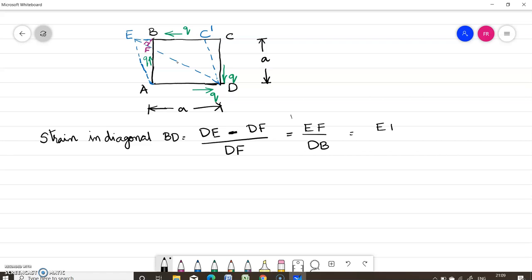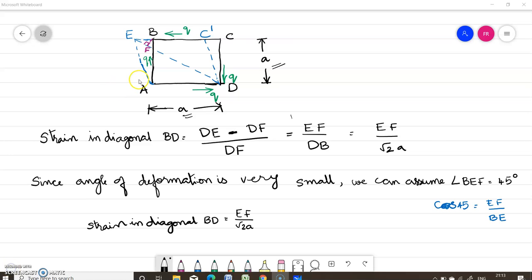This is equal to EF divided by, here A is the side of the square, so the diagonal is root 2 into A. Now since this angle of deformation phi is very small, we can take this angle as 45 degrees. That is, the original angle of the diagonal made with the shearing plane is 45 degrees, so this angle will also be 45 degrees. So we can assume angle BEF equal to 45 degrees.